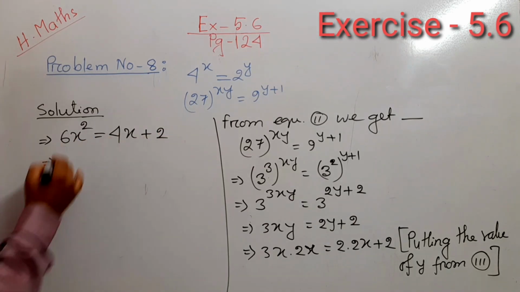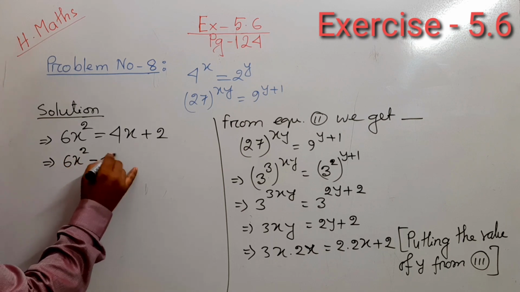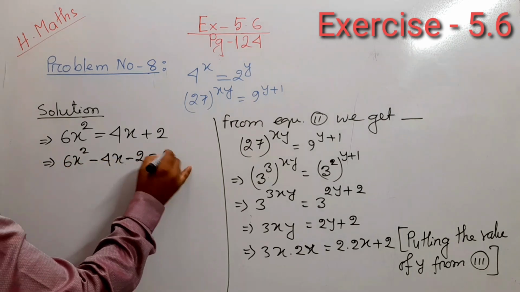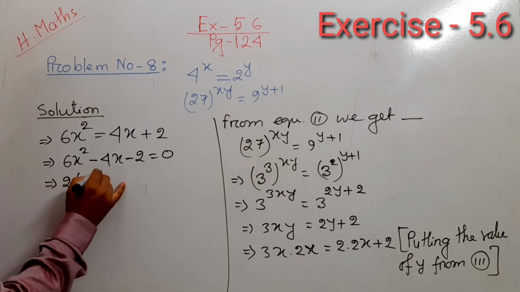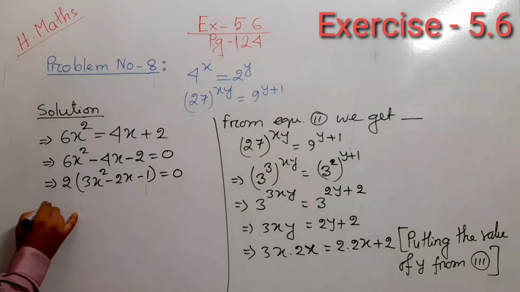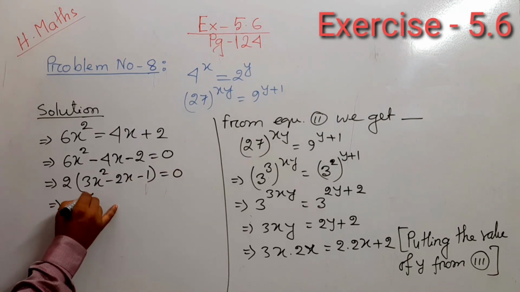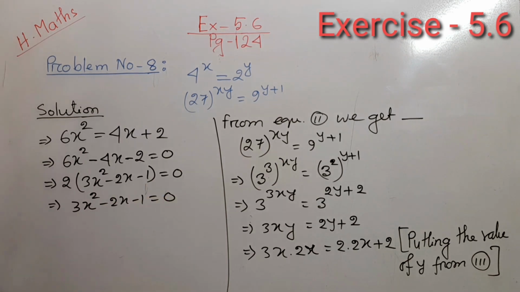Now take all the terms to the left hand side: 6x square minus 4x minus 2 equal to 0. Now take 2 common: 3x square minus 2x minus 1 equal to 0.